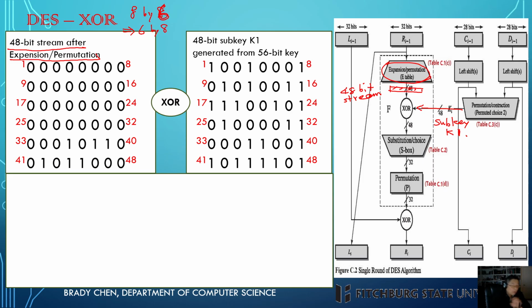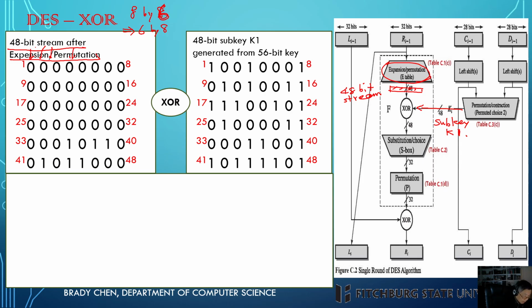So we just reorganize into a matrix of 6 by 8. However, we rename the index. The first one is index 1. The end of the first row is index 8 because it's column 8. So it's still 48 bits, but we reorganize the matrix.